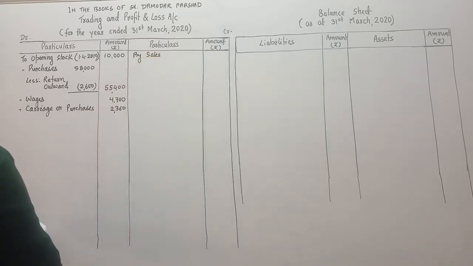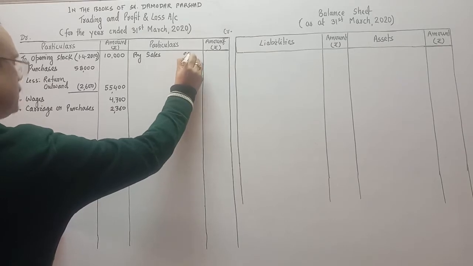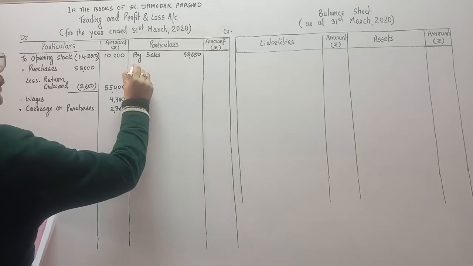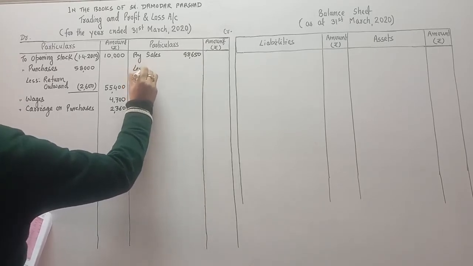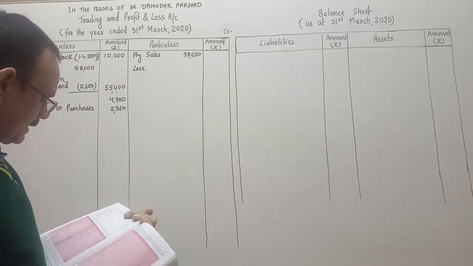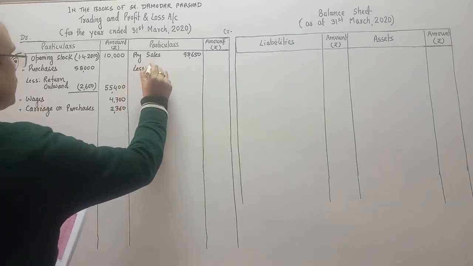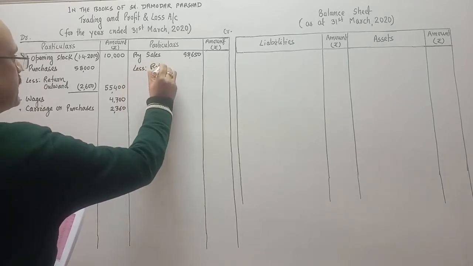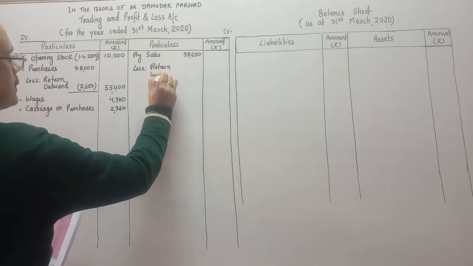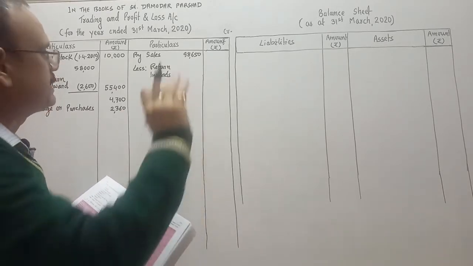Sales is 98,650, and you deduct the sales return. Sales return means return inward. You see on the debit side of the trial balance, return inward is given, because sales is on the credit side.